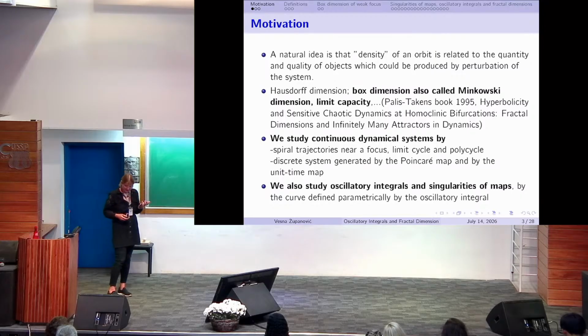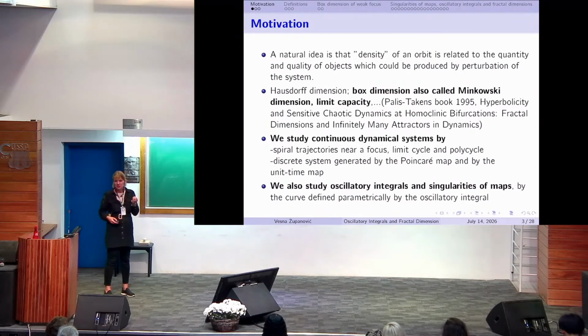So fractal dimension can say more about this, but which one? I would say that the most popular fractal dimension is still the Hausdorff dimension. But the Hausdorff dimension doesn't see what we would like to see. This is accumulation at one point.